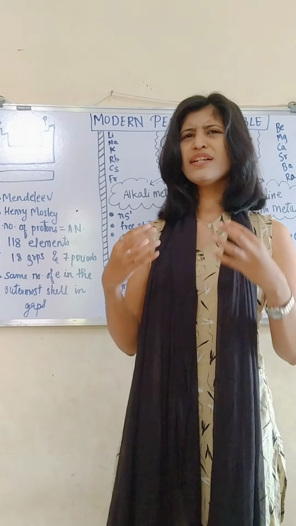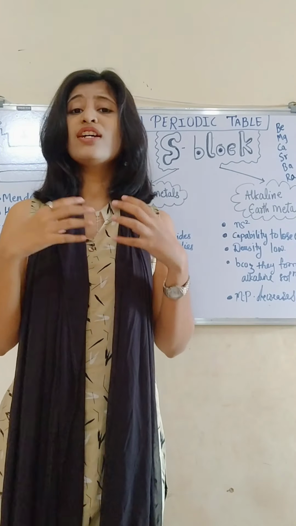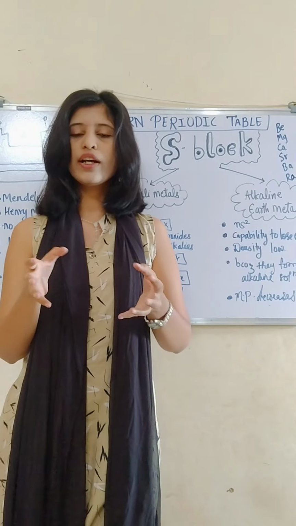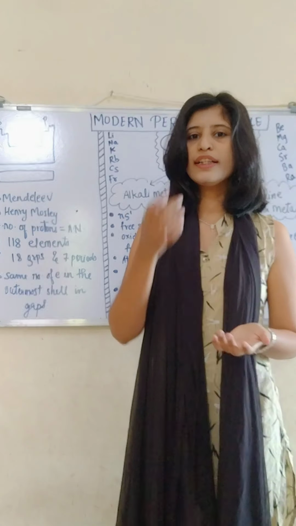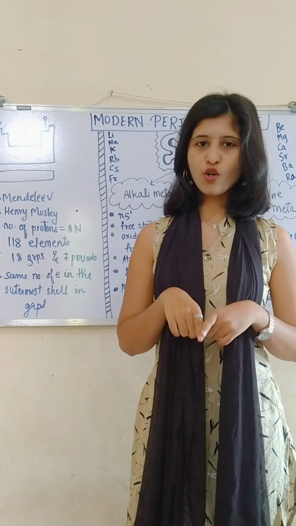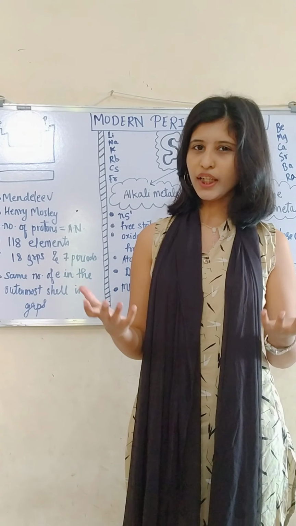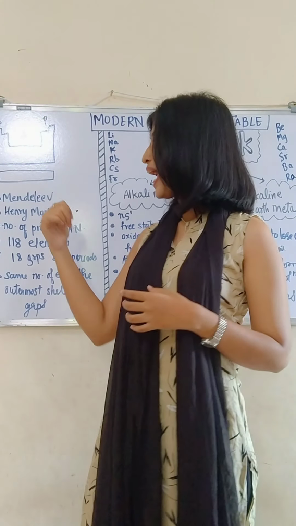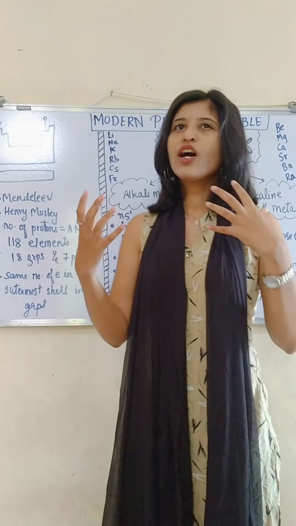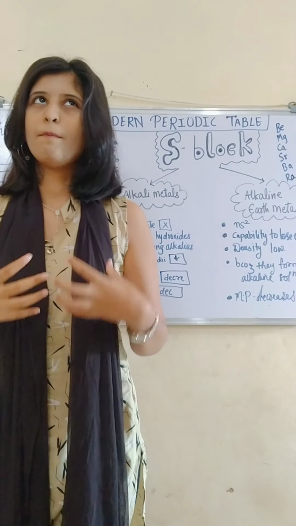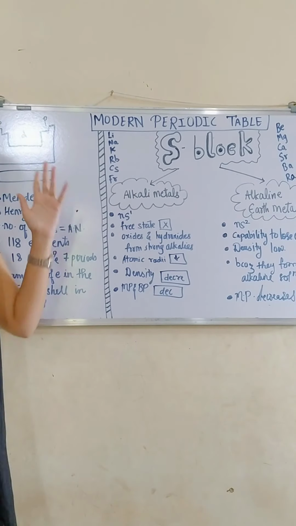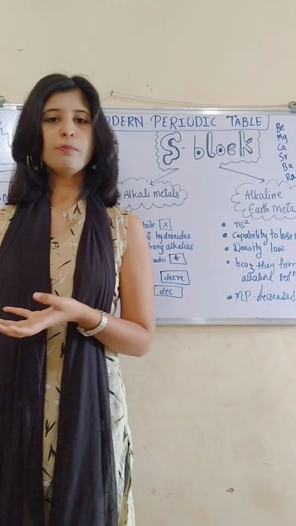But at some places there were exceptions which he could not explain, and all these drawbacks in Mendeleev's periodic table were noticed by Henry Moseley. To cover up those drawbacks, he came up with a modern periodic table, or say a new periodic table.